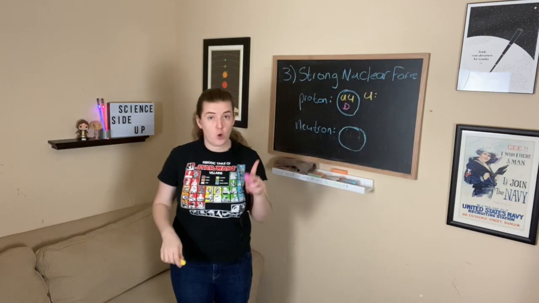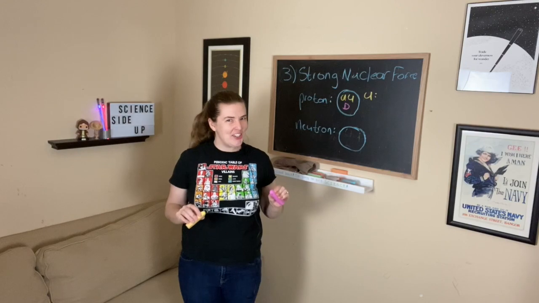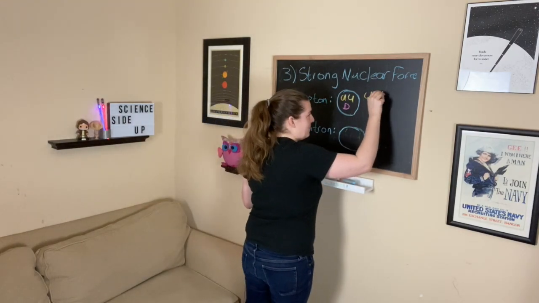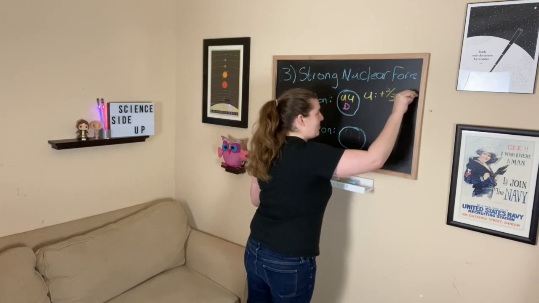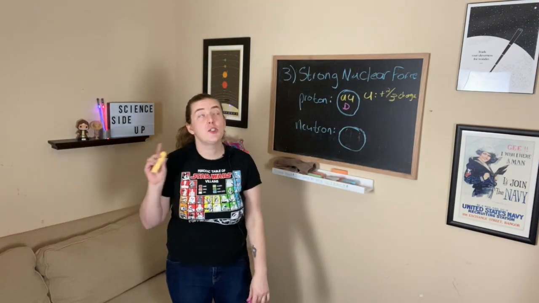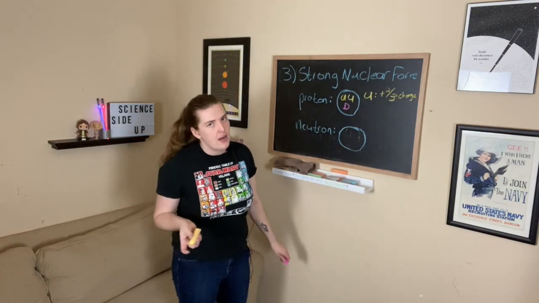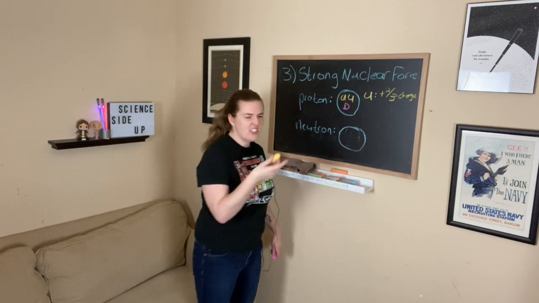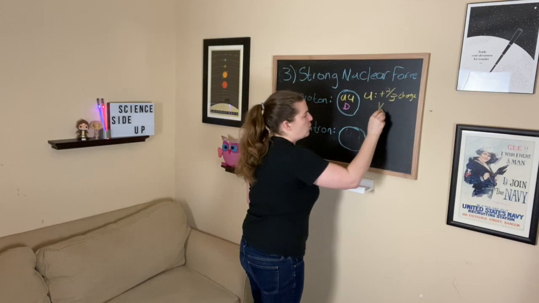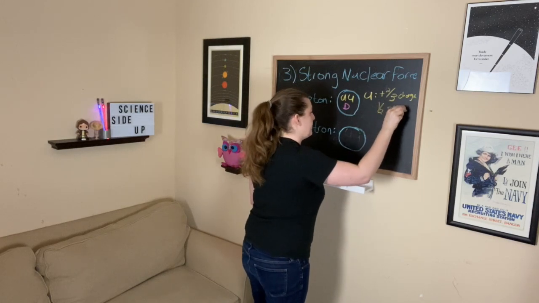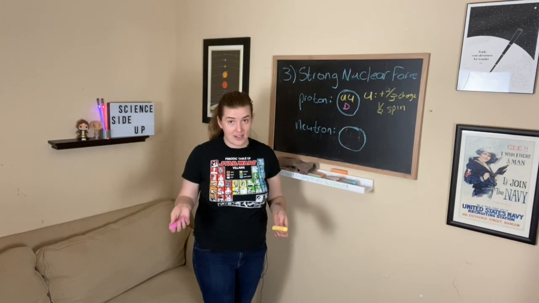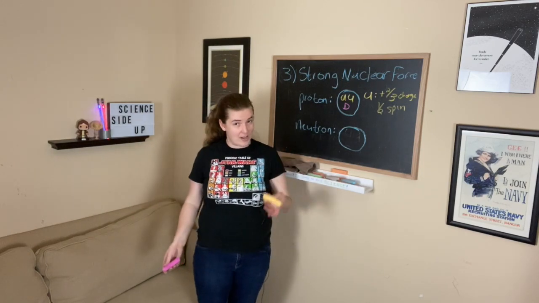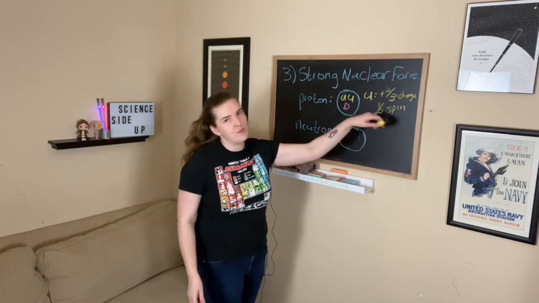Now an up quark has a charge of 2/3, and it also has a spin of 1/2. But we'll leave spin for now. No, let's use it. So it has a 1/2 spin. Now a down quark is going to have a charge of -1/3, but it'll also have a spin of 1/2.